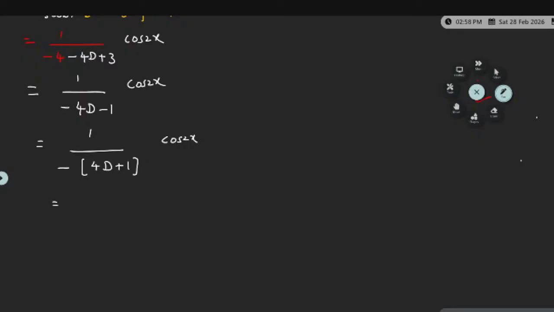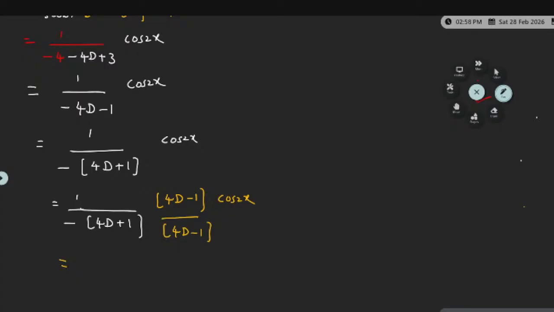Now rationalize this term. All of you rationalize this term. Rationalize means we have to multiply and divide with 4d minus 1 into cos 2x. First minus common, 4D plus 1. Next rationalizing.